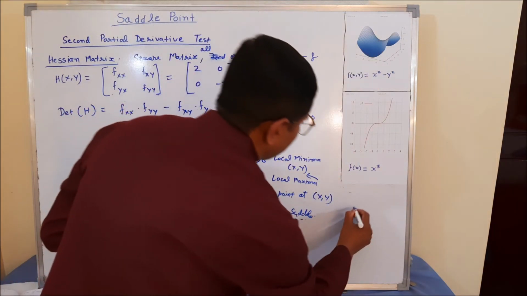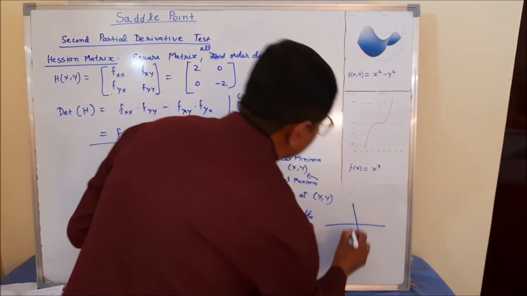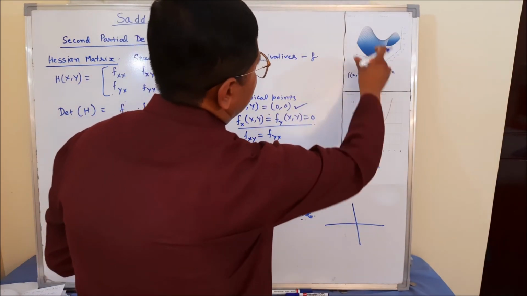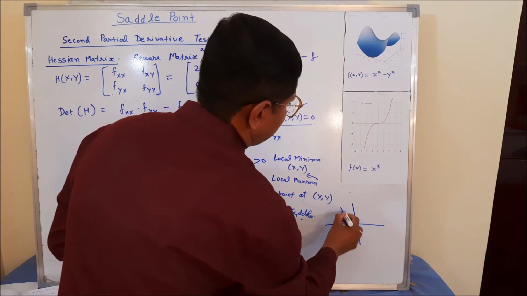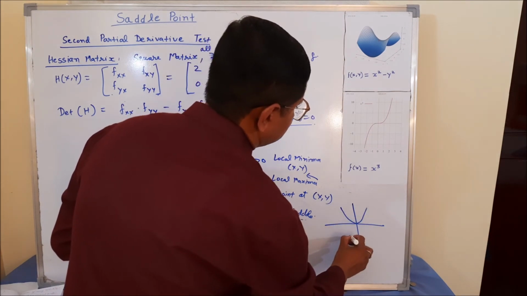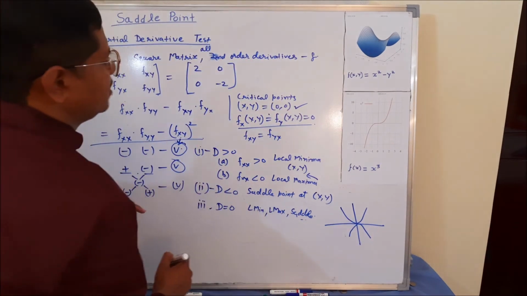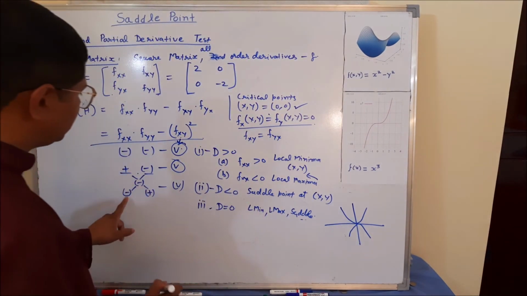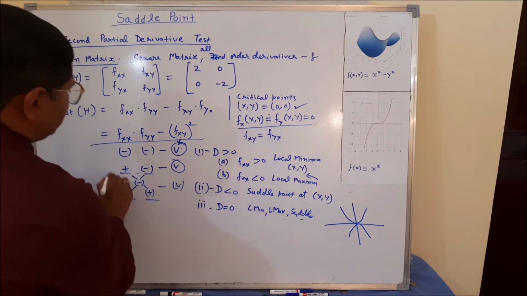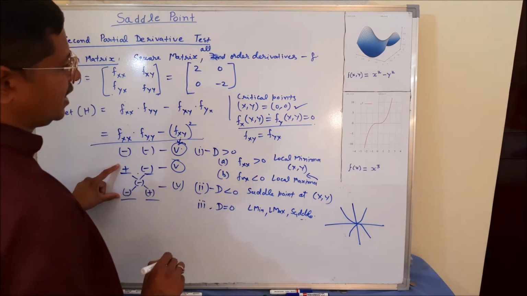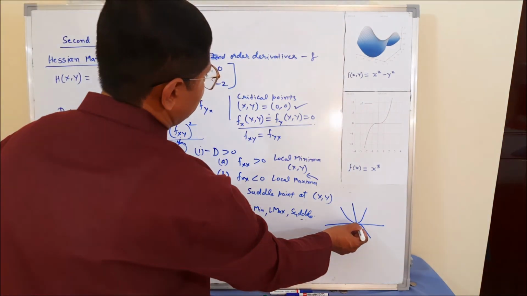For example, here when we had created the broken graph in x and y directions, we find that at some point it creates positive concavity, at some points it creates negative concavity. So in this scenario and in this scenario we will have some kind of contradiction.